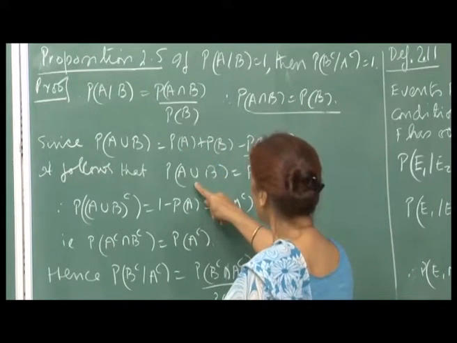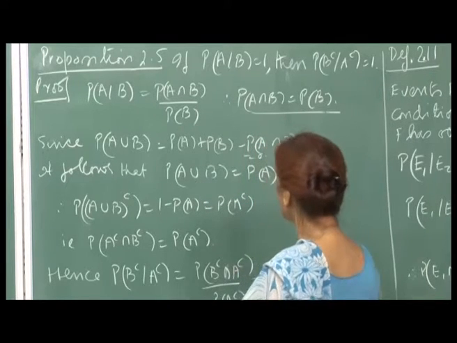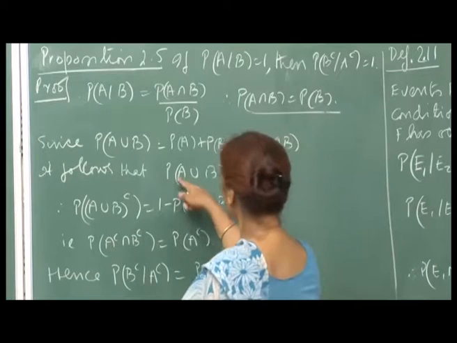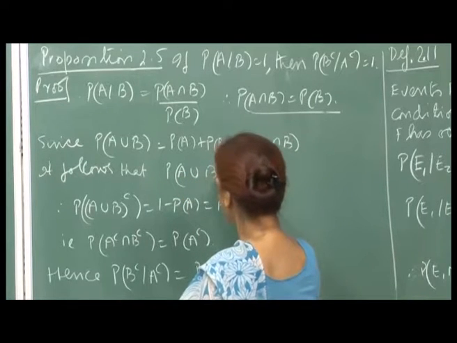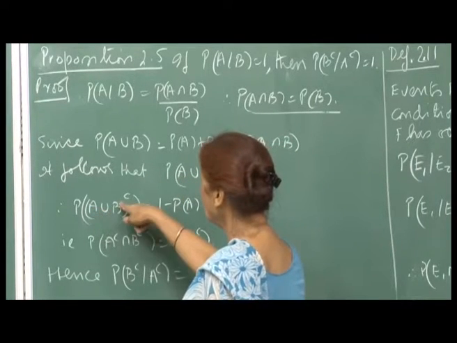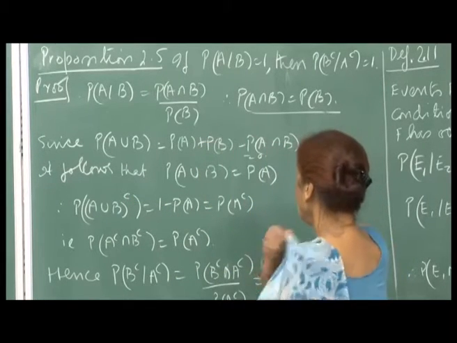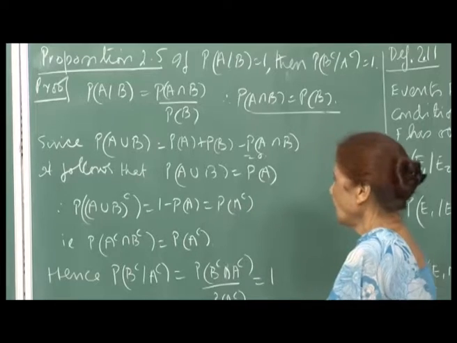So, therefore, the probability of A union B reduces to P(A), right. And therefore, when you take the complement, the probability of (A union B) complement will be 1 minus P(A), which is nothing but the probability of A complement.